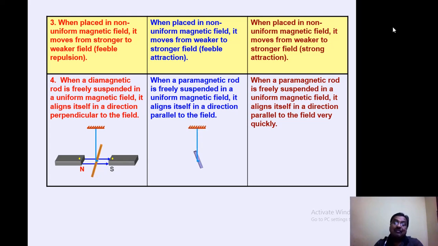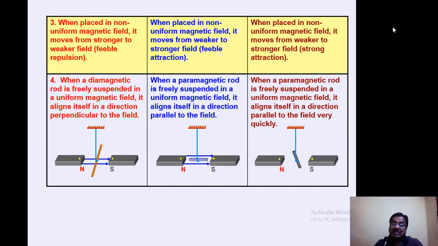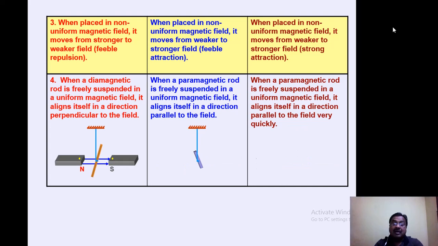See the paramagnetic substance, freely suspended and subjected to a uniform field, comes to rest along the field. Magnet and applied field are parallel. You see the ferromagnetic substance subjected to a field comes to rest suddenly and strongly.